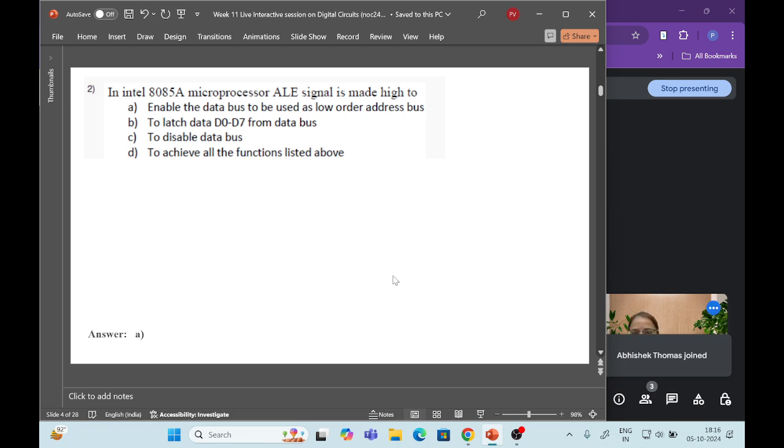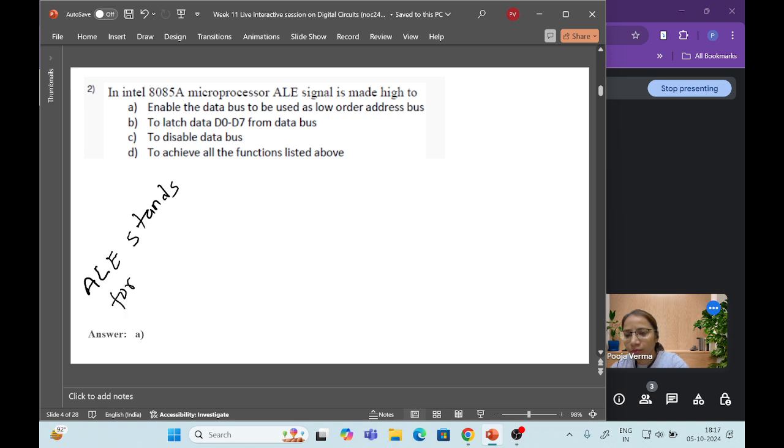So ALE stands for address latch enable. It is an active high output signal. It indicates the bits on AD7 to AD0 are the address bits.